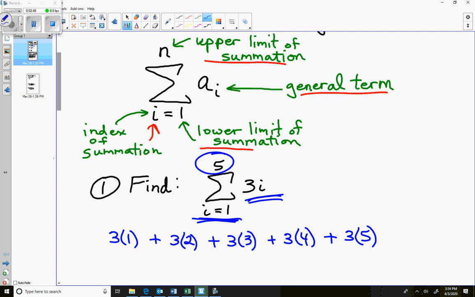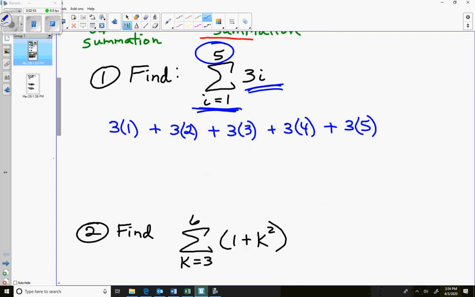So we did 5 loops. And then just clean up the arithmetic. What we have here is simply 9 times 5, which is 45.